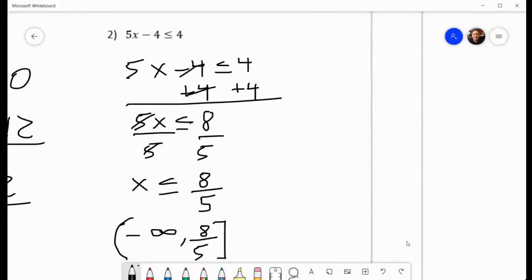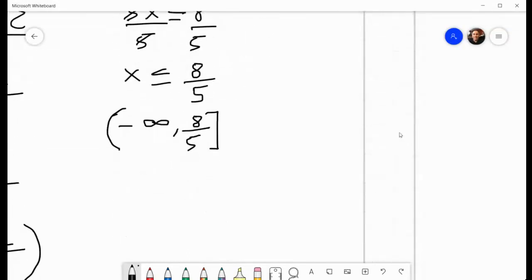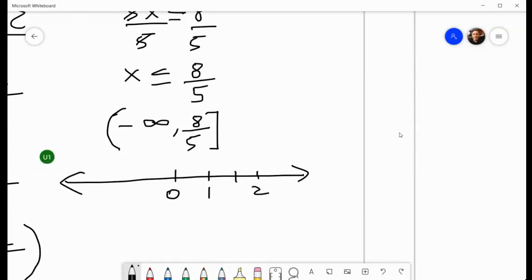All right, now let me draw the solution set. Now I'm going to draw the number line, as you can see. Now 8 over 5 is between 1 and 2. So we have 0, 1, 2. Now, when you're drawing, it doesn't have to be exactly at 8 over 5, but if it's between 1 and 2, that's good.